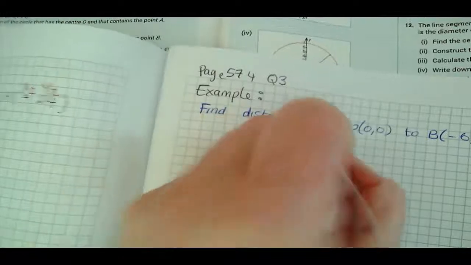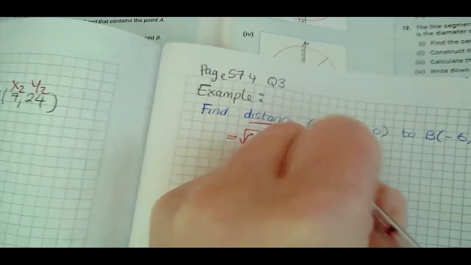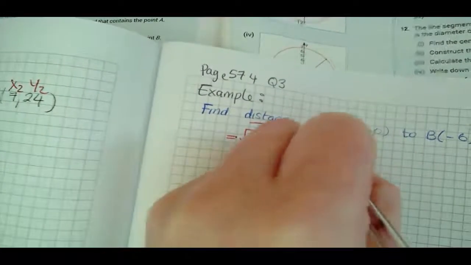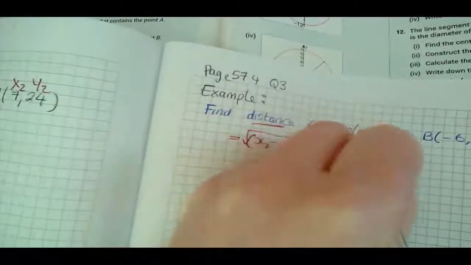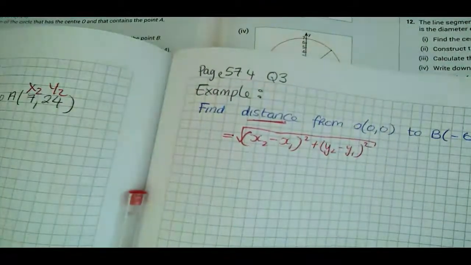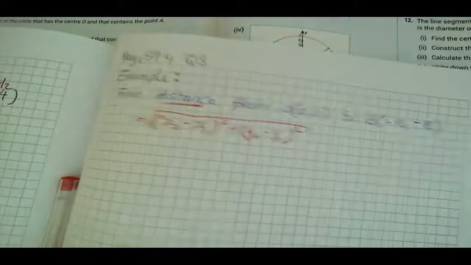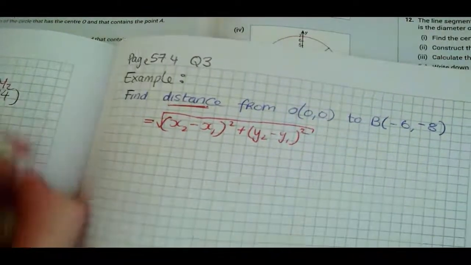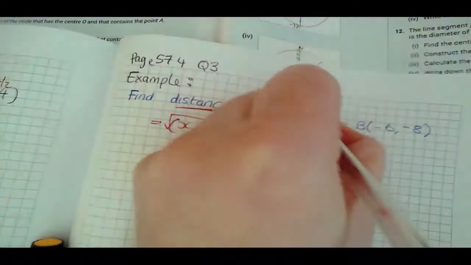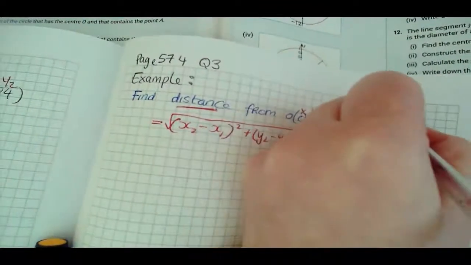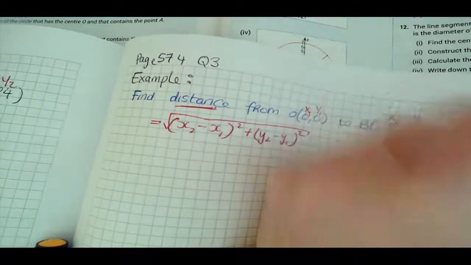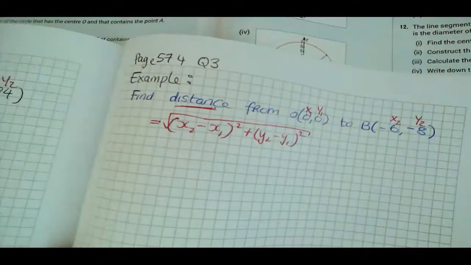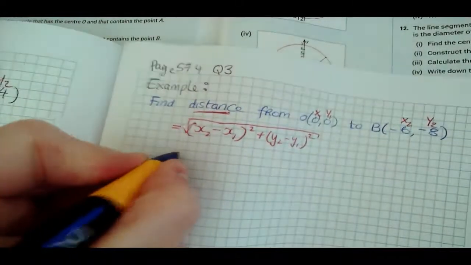So x2 minus x1 all to be squared plus y2 minus y1 all to be squared. Then I'm going to label my x1, y1, x2, y2. And then I sub into the formula.